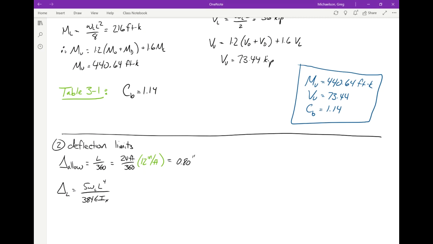Now, what I'm going to do is set this equation equal to 0.8, so 0.8 equals 5 WL to the 4th, and don't forget your 1728, over 384 EI. And I'm going to solve for I, the effective moment of inertia. Pretty straightforward. All I'm doing is just swapping the I and the 0.8.